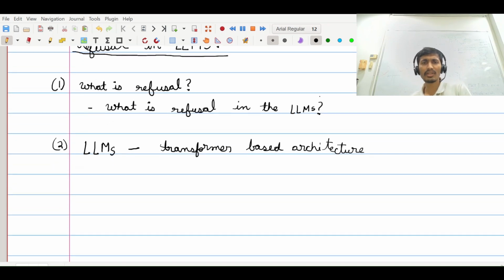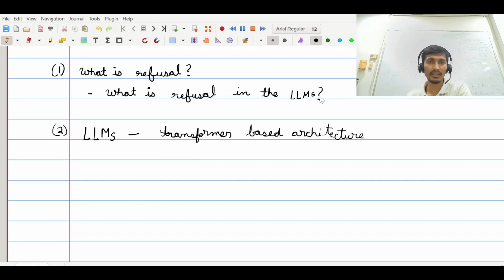So, one natural question we can ask is, can there be large language models or other AI models which are not based on transformer based architectures?